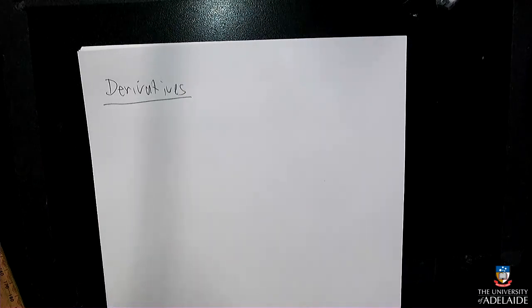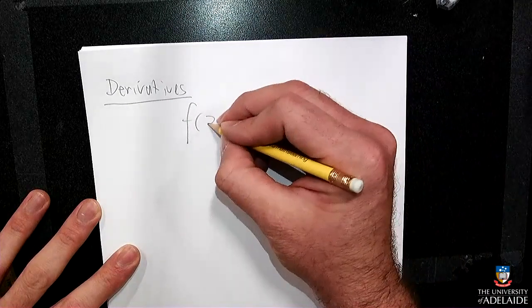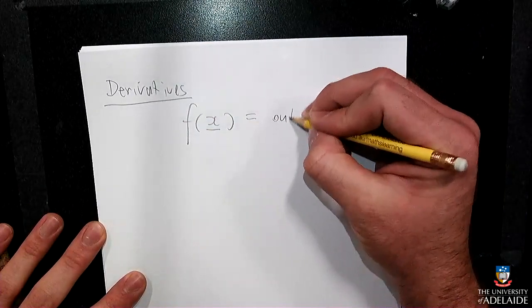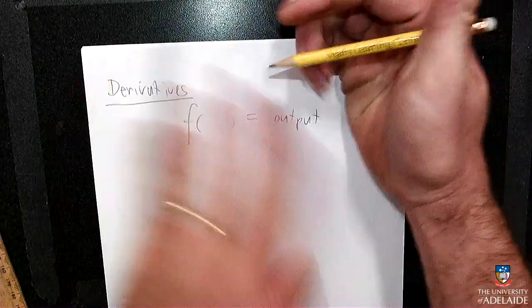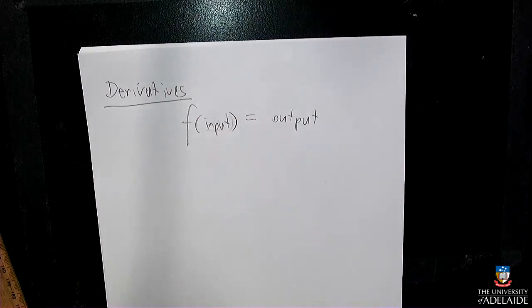Derivatives are an idea about how quickly something, an output of a function, moves when you move the input. So you have a function which takes things. I will put an x in bold to say it could be a vector if I wanted it to, and it produces an output. In fact, I'm just going to put the word input, if you don't mind. So f of an input equals an output.